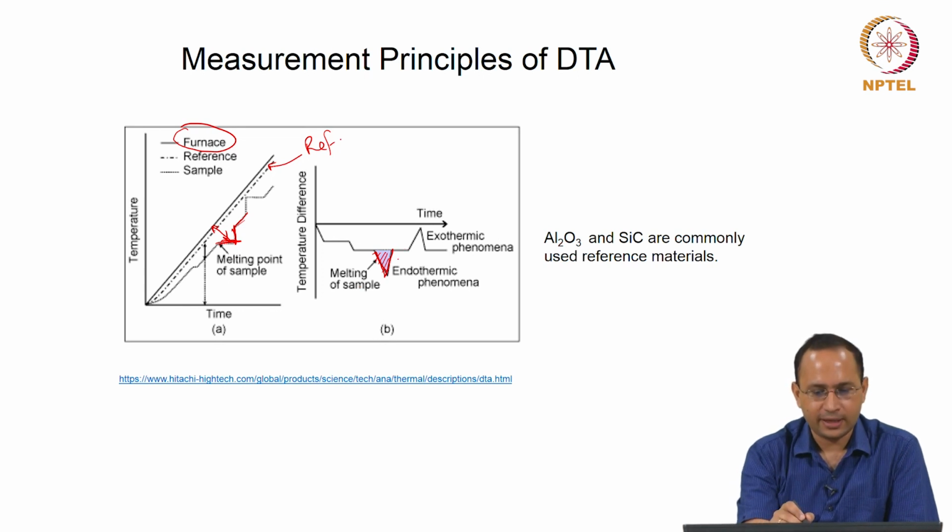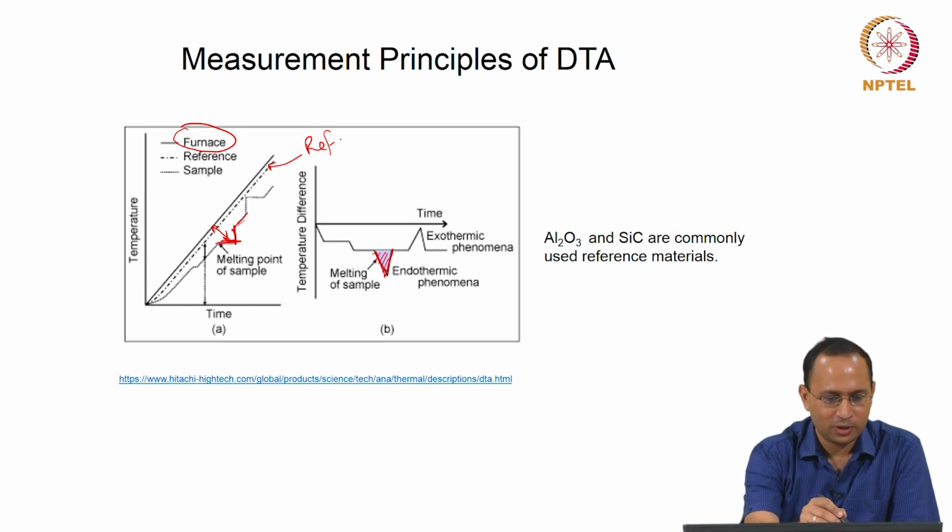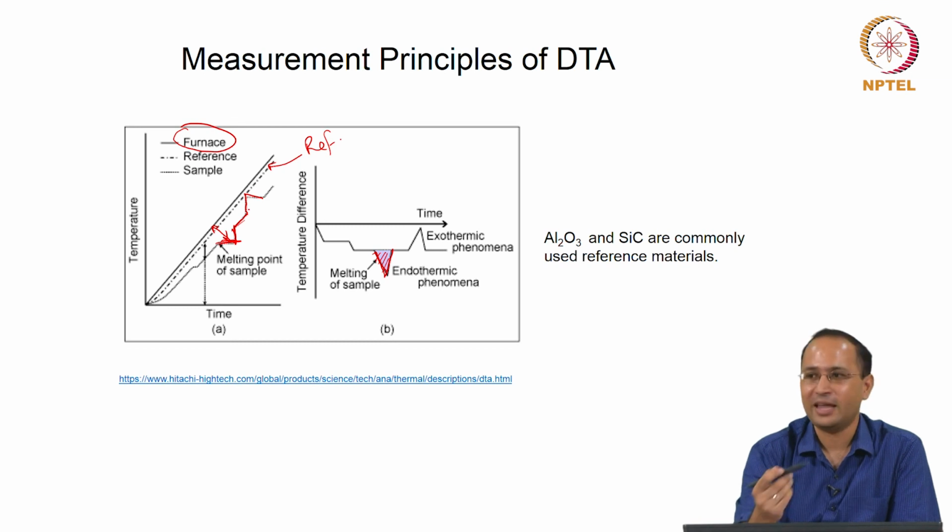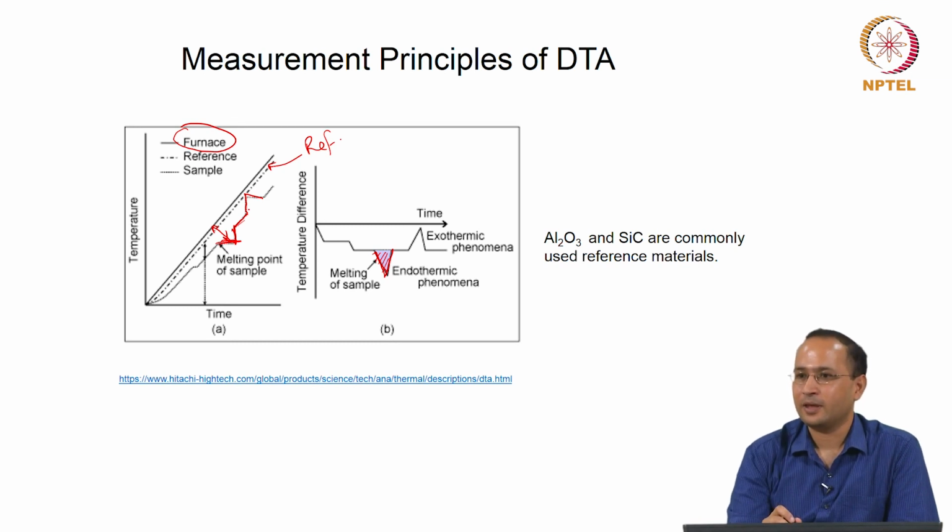Depending on the reaction, now further if you increase the temperature, in this case you see something different, the temperature difference is decreasing. When will that happen? It depends on the temperature where you are. Exothermic means you will release heat. When you release heat, the temperature difference will reduce, right. It depends on the reaction, the material, what happens as you heat it up.